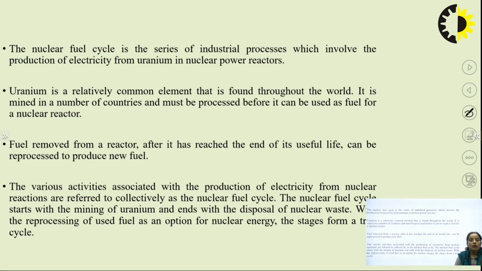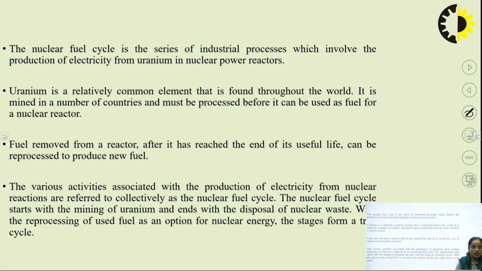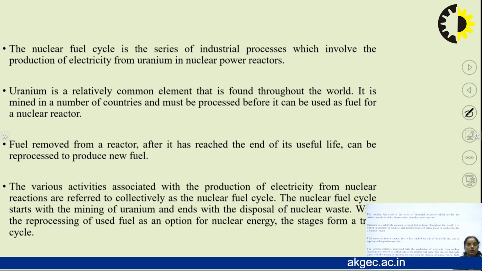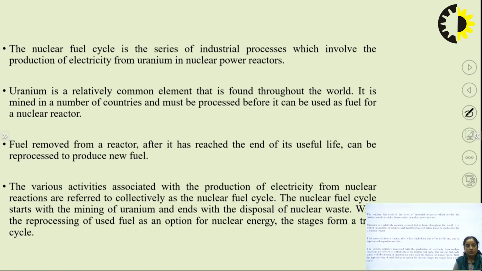With the reprocessing of used fuel as an option in nuclear energy, the stages form a true cycle. Ultimately, the used uranium can be reprocessed for use again. These are also part of the fuel cycle.